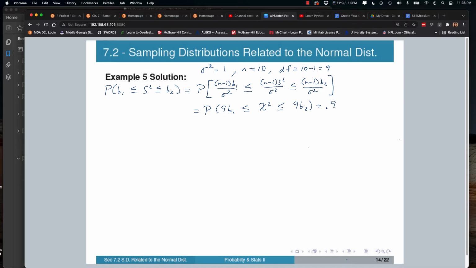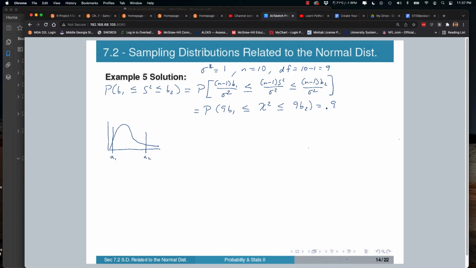Okay. So if we think about that image, we've got a long tail, right-skewed distribution, and we're looking for values here and here, roughly, just ballparking it. We'll call them a sub 1 and a sub 2.